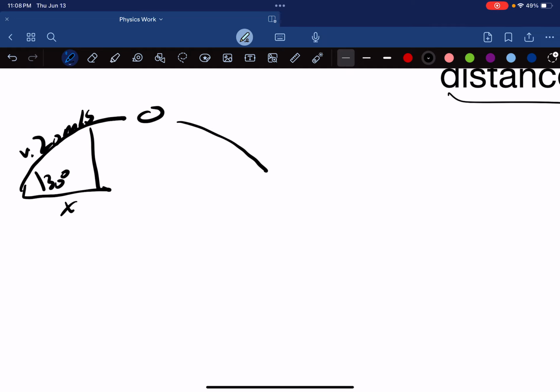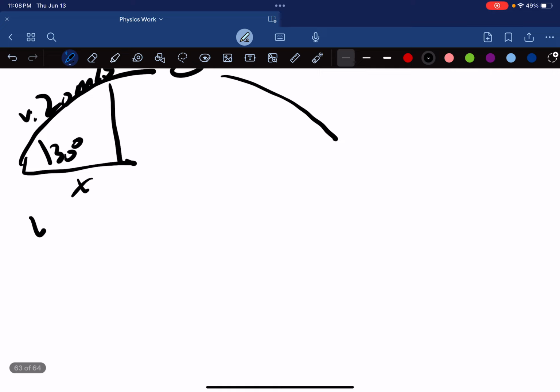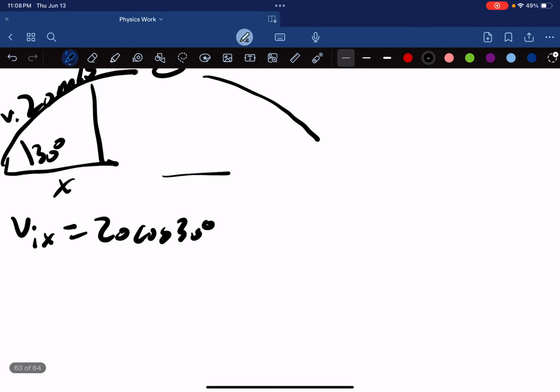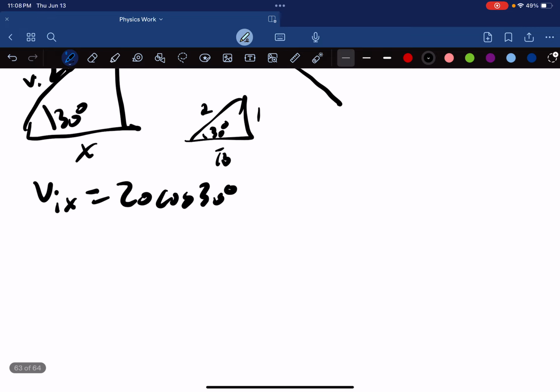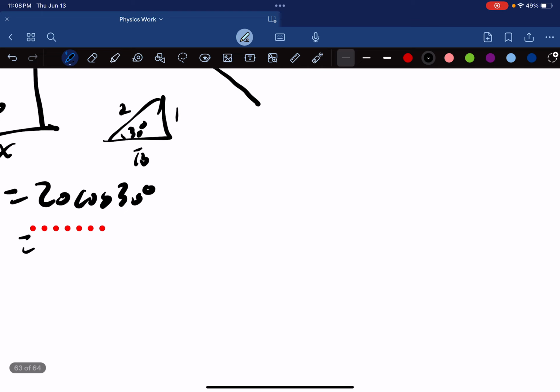And then we have to find the x component, which is Vix equals 20 cos 30, and we are in perfect triangles, right? 30, and that's 2, 1, root 3. So cos 30 equals root 3 over 2.